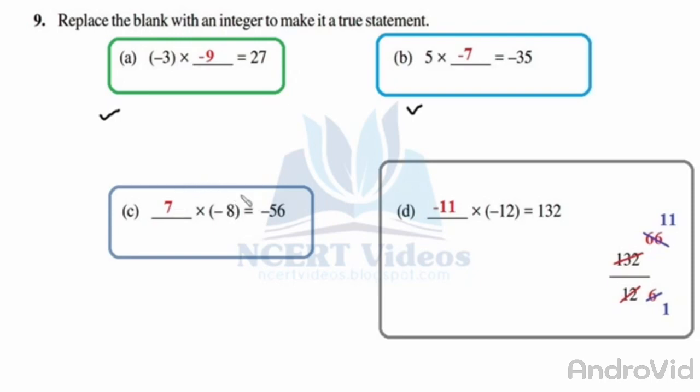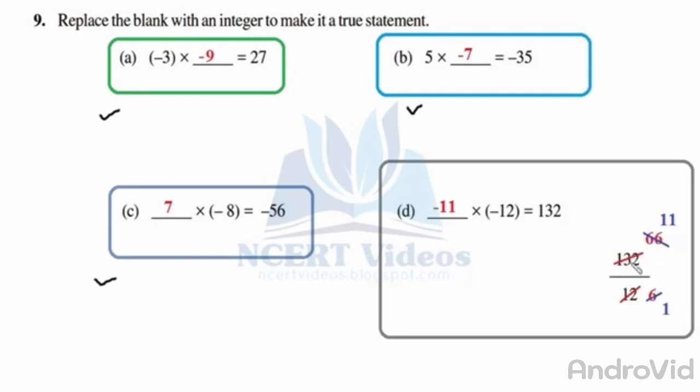Again, when we multiply with 7, we get 56, and sign has to be negative, therefore number has to be positive, because minus plus will give you negative. Again, 12 into 11 is 132, and if you don't remember the tables, what you can do is just divide 132 by 12, because when it comes to right hand side, it gets divided, and sign would be plus, so we have to take minus number.